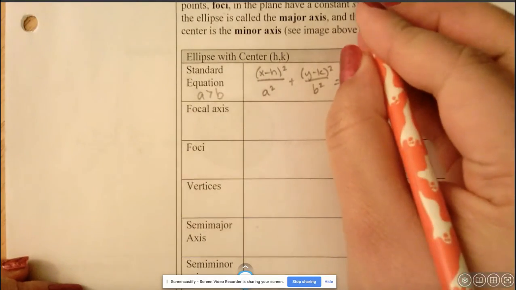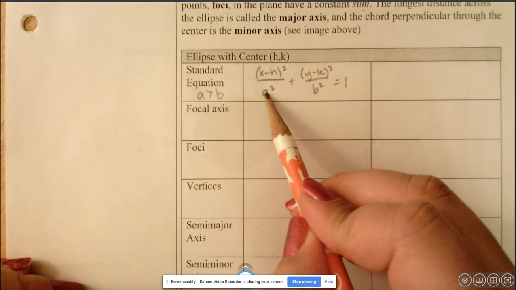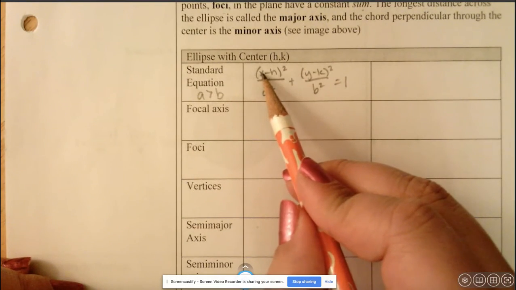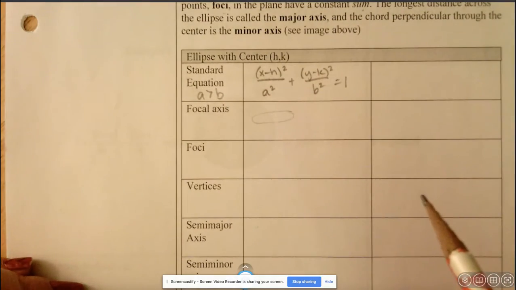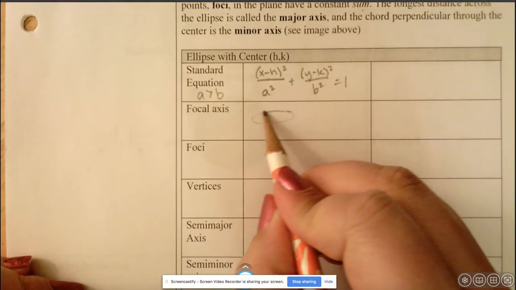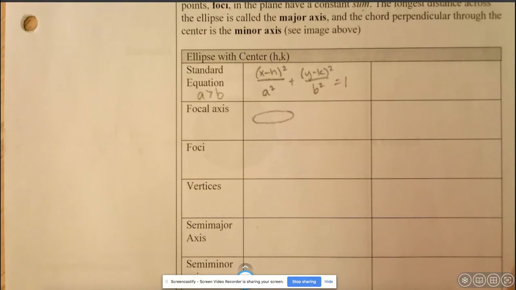This is the equation that we just saw above. And because a is bigger, it represents our major axis in the x direction. So it's an ellipse that looks like this. Now I'm exaggerating that. Obviously, not all ellipses will have a major axis so much longer than the minor axis.